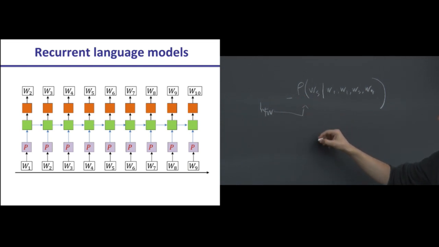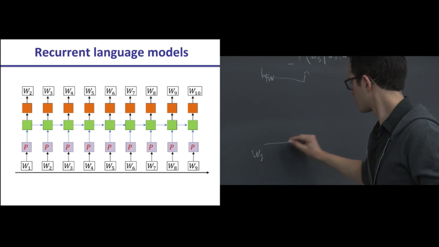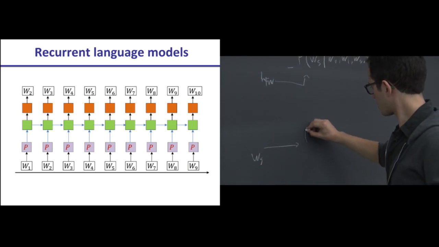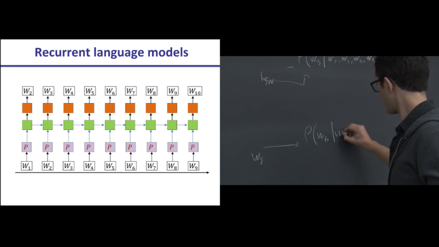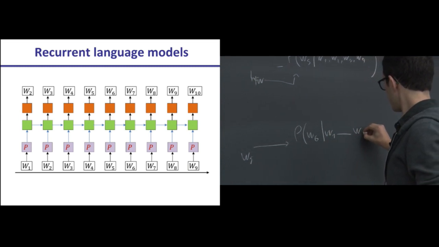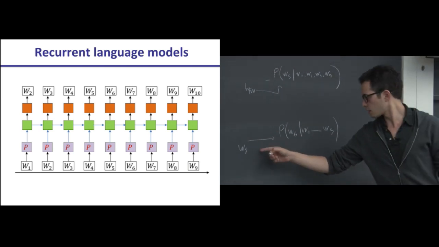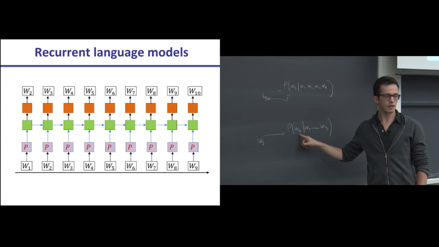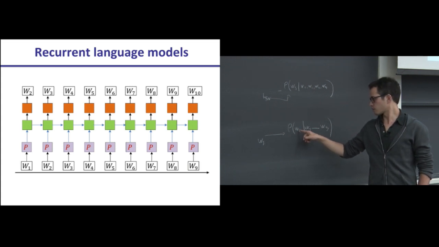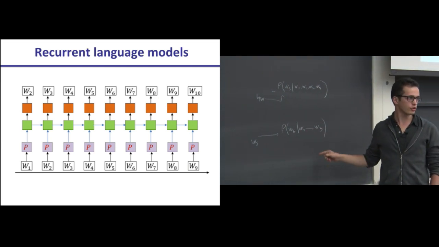If you feed W5 at the next step, the thing you're going to get is the probability of W6 given W1 to W5. The thing is, when I take the argmax of this, I get the conditional probability of W6 with respect to the W5 that I chose at the previous step.